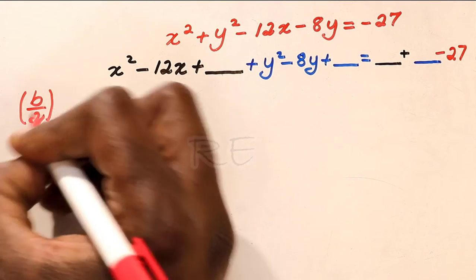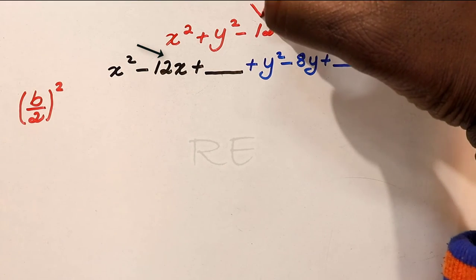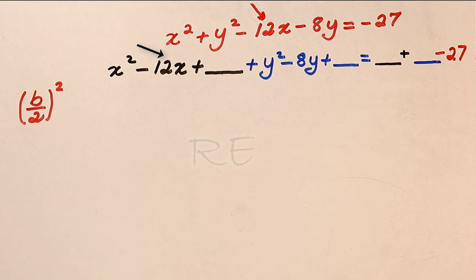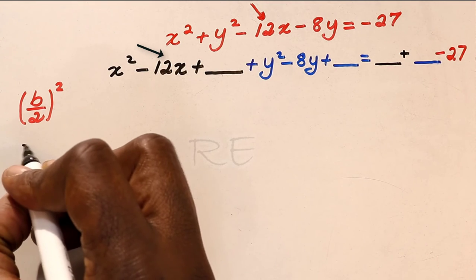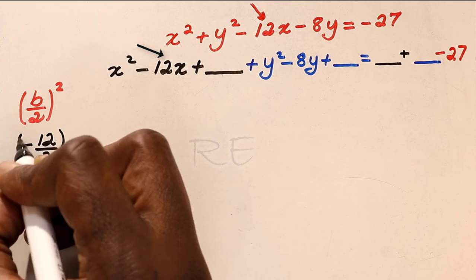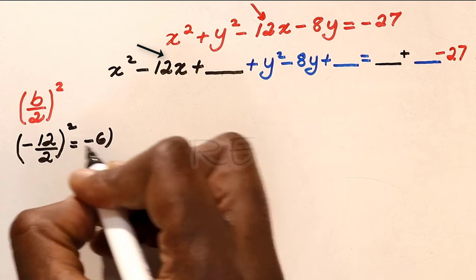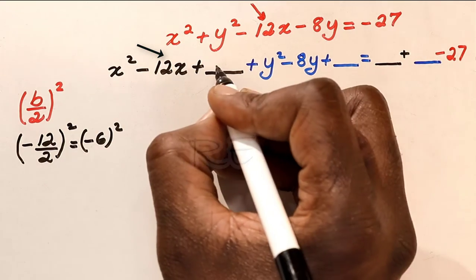The missing piece is b over 2 squared, and b is the coefficient of x for the first trinomial. Negative 12 over 2 squared is equal to negative 6 squared.